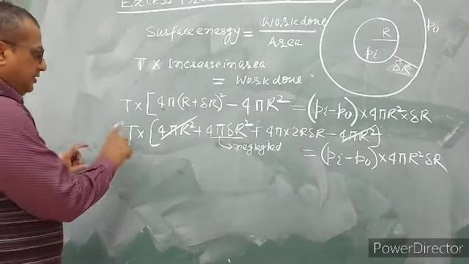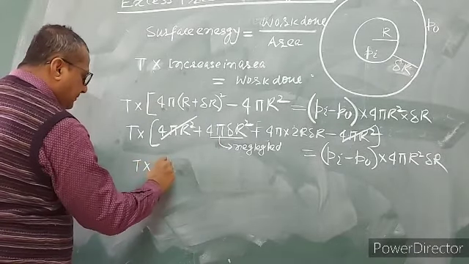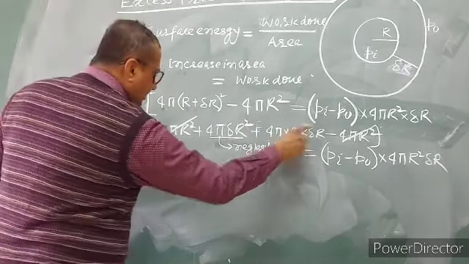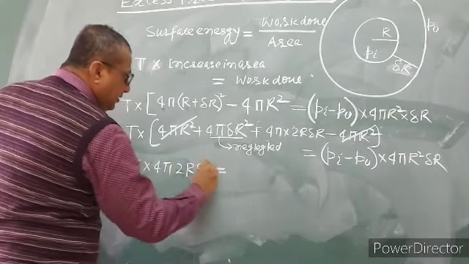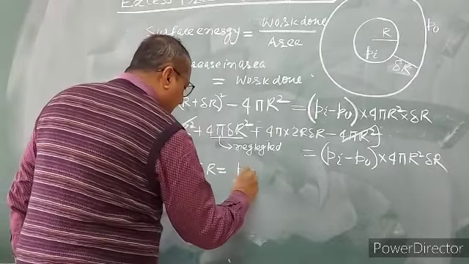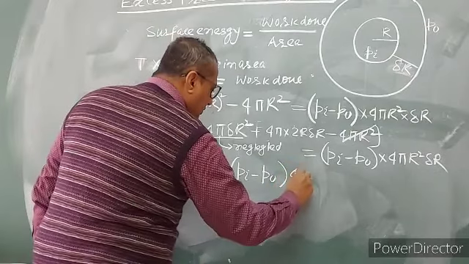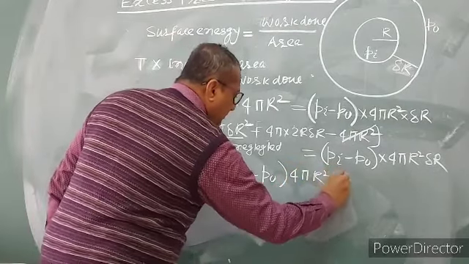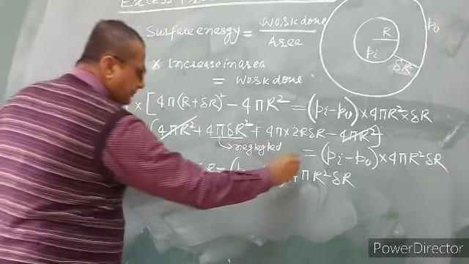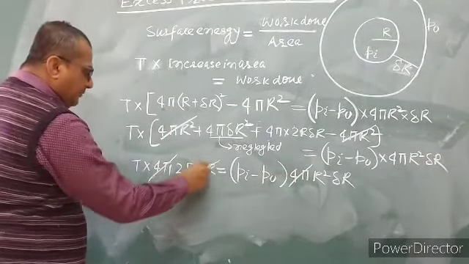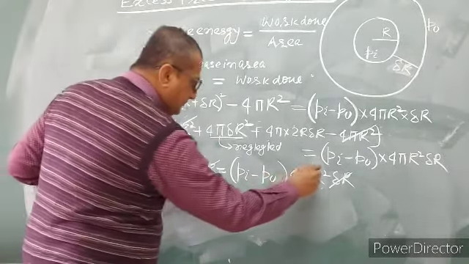Now T into 4 pi into 2r delta r is equal to (Pi minus PO) into 4 pi r square delta r. 4 pi will be cancelled, delta r will be cancelled, and r will be cancelled.